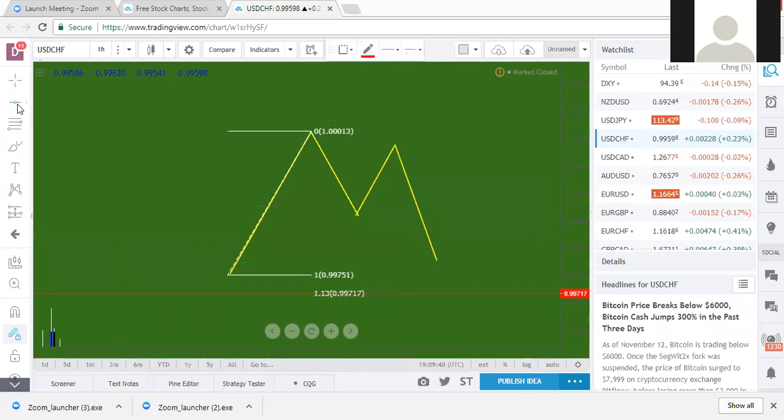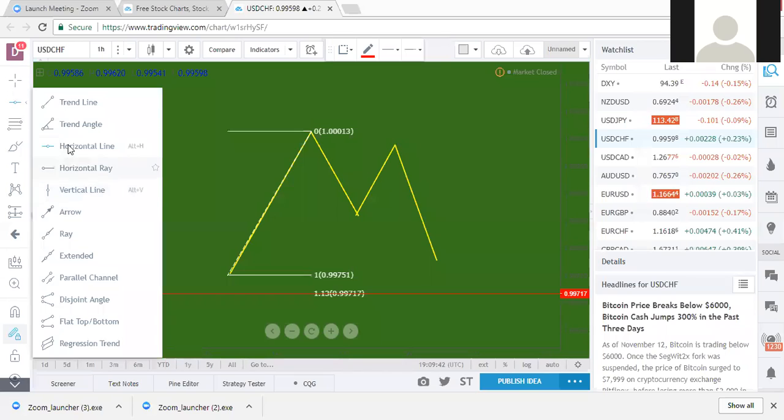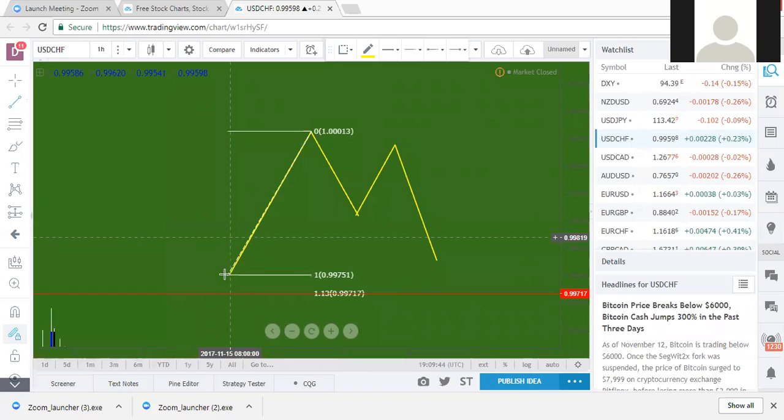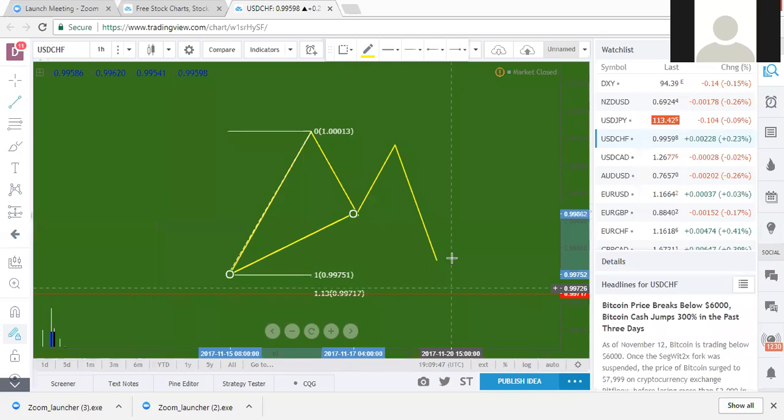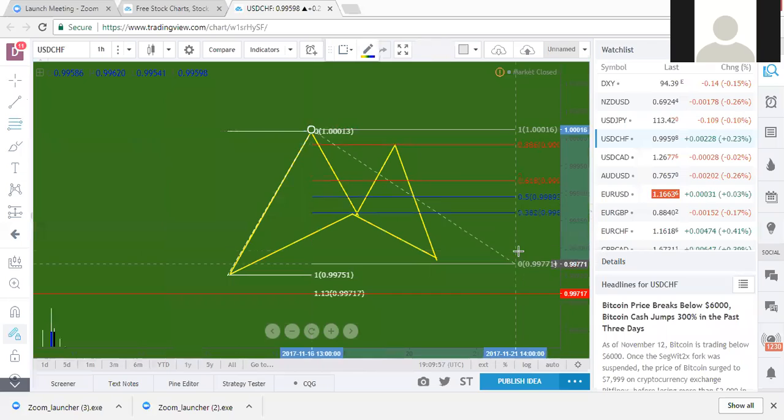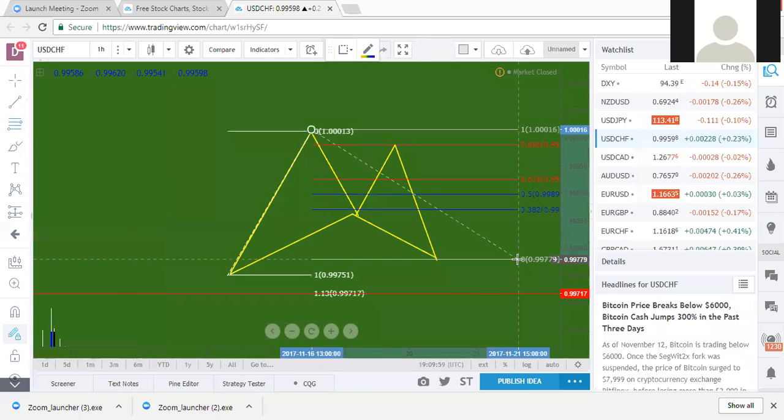Let me draw this out so it's not confusing. Targets will go from Fibonacci retracement from A to D. We'll look to take our first target at the 382 and the second target at the 618.